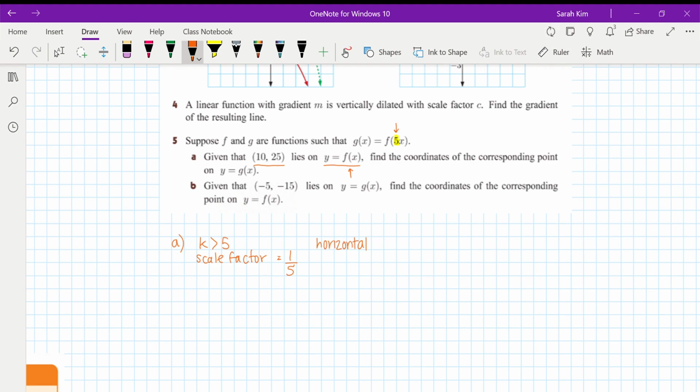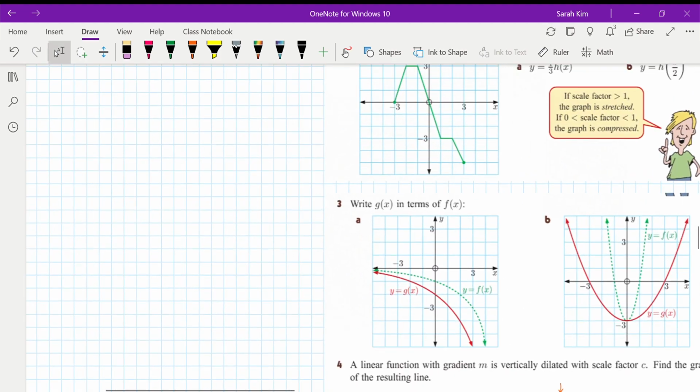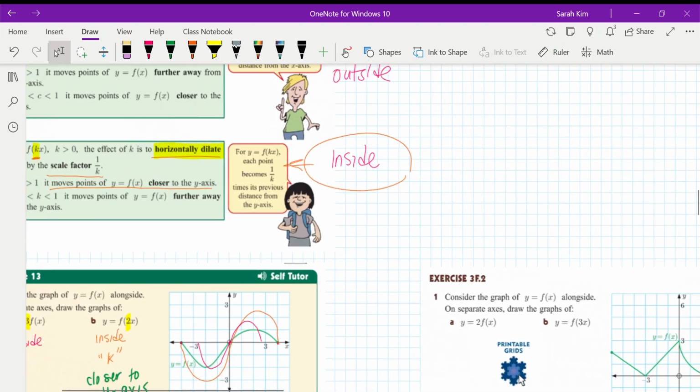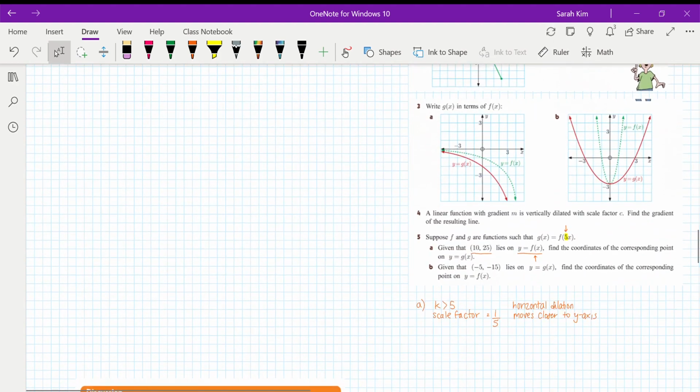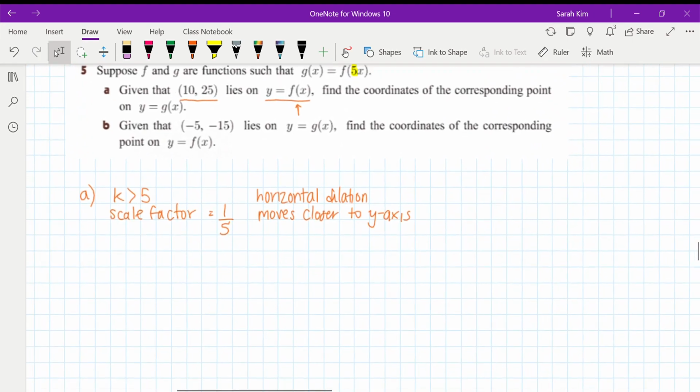Let me just go back and double check that. From memory, I think it moves closer to the y-axis. Let me double check that I've got all of those notes correctly, because if not, I will draw something wrong. So it was horizontally dilated, it moved closer to the y-axis, a scale factor of 1 over k. Brilliant, I've got it right, I remembered it.